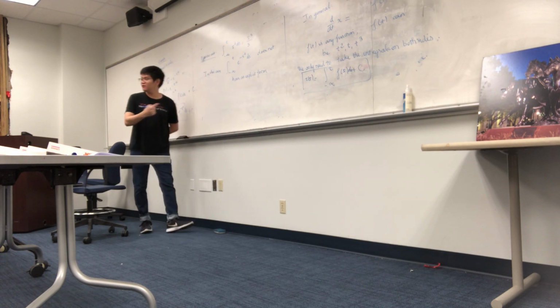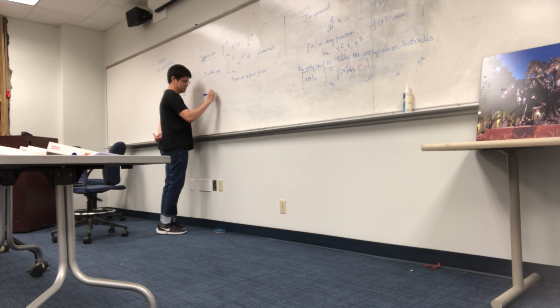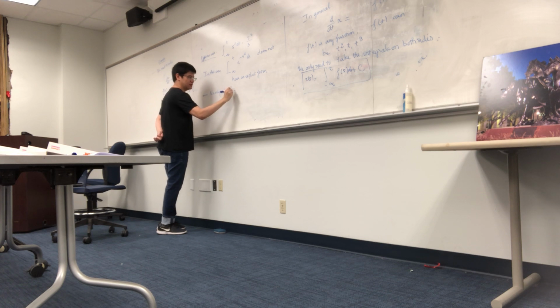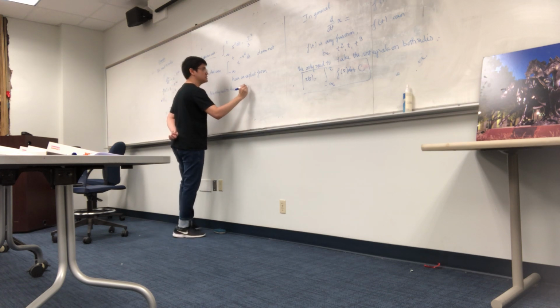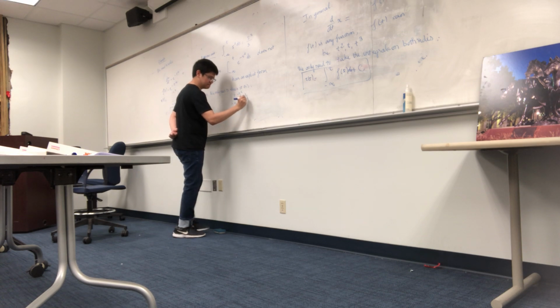All right, so we're gonna keep it there. We only need to leave it as the integral from minus infinity to t of e to the minus s squared ds.